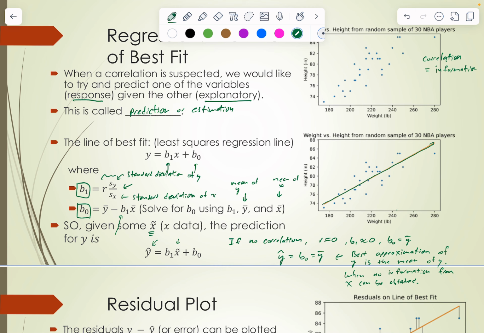So, for instance, if I had somebody that was 242 pounds, their y value, their height, is going to be somewhere over here, like 82 inches. Given the data, that's our best guess of their height, given that they weighed 242 pounds. So this here is going to be my y hat, and this here would be my x tilde. That's how I approximate.